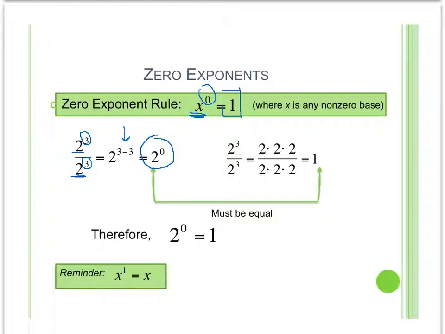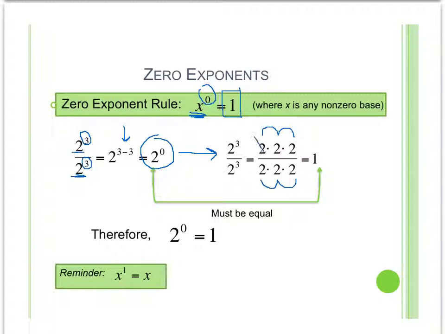Now, if we take this same problem and write it out in long form, we know 2 to the 3rd power is 2 times 2 times 2. And then in the denominator, again, we have 2 to the 3rd power, so 2 times 2 times 2.